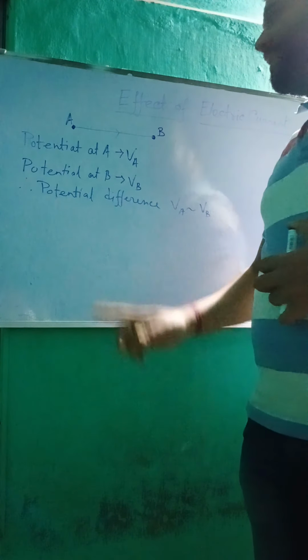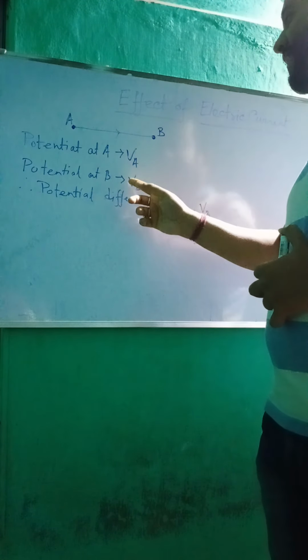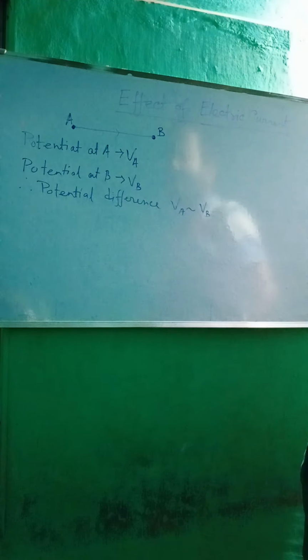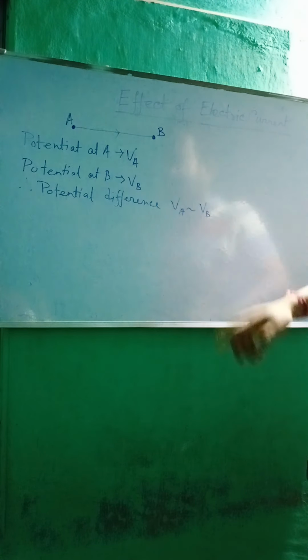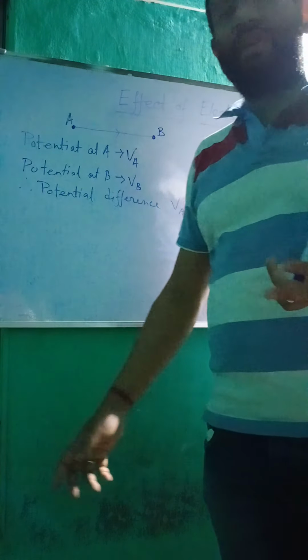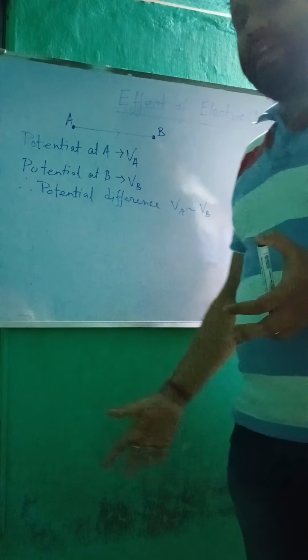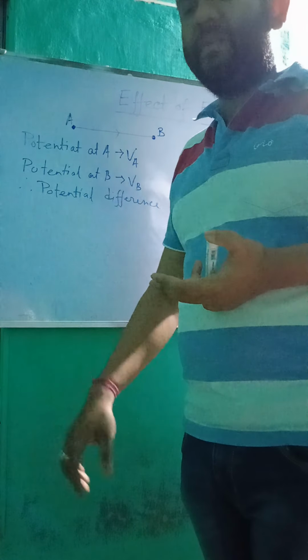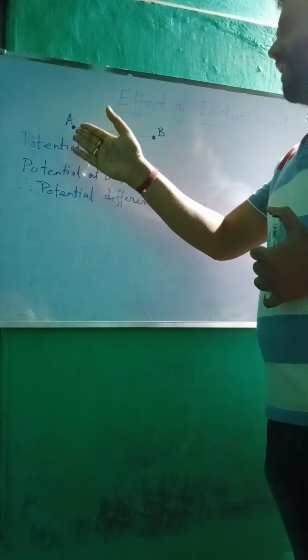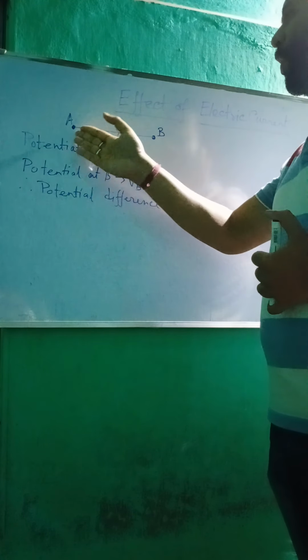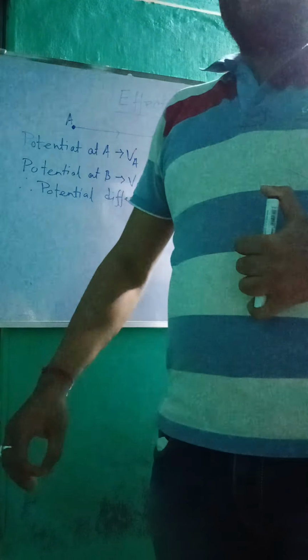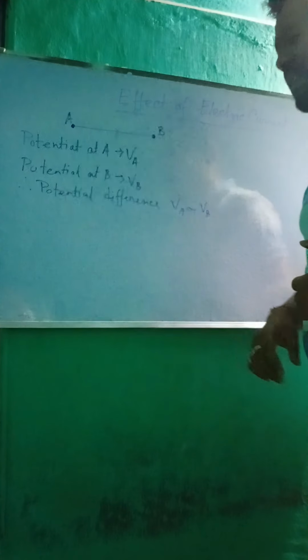If these two potentials are different, then between these two points the potential difference is VA minus VB if VA is more, and VB minus VA if VB is more. So between these two points of a conductor there is a potential difference.